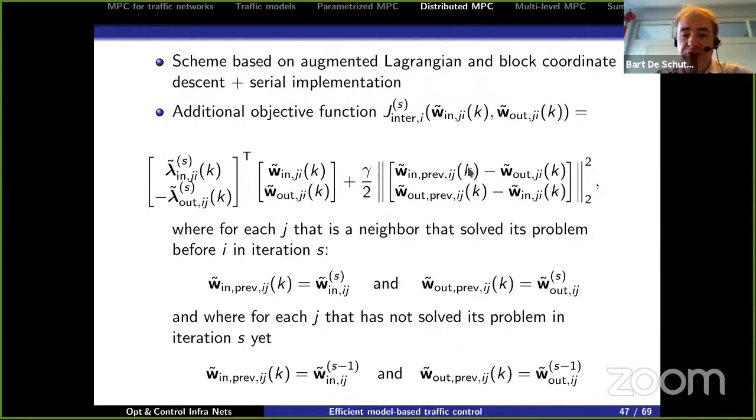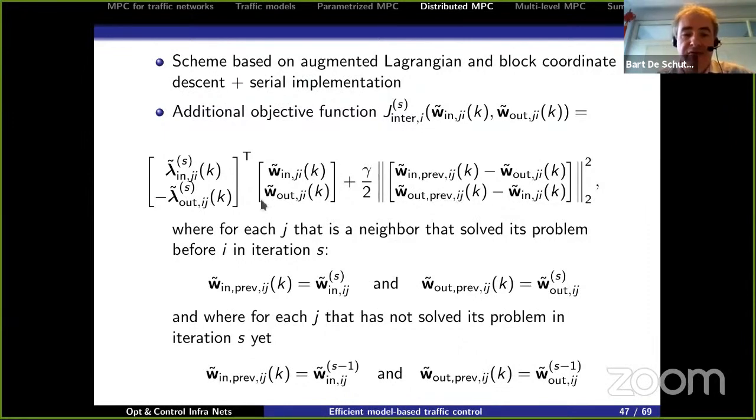We have an iteration over k, but also an additional iteration within every optimization, where the agents at every time step solve their local problem and then exchange the values. So they would typically say to each other, okay, this is what I will generate as output towards you. And then the agent uses those values received as inputs and optimizes its own optimization problem, and then also communicates to the neighboring agents what the output values are.